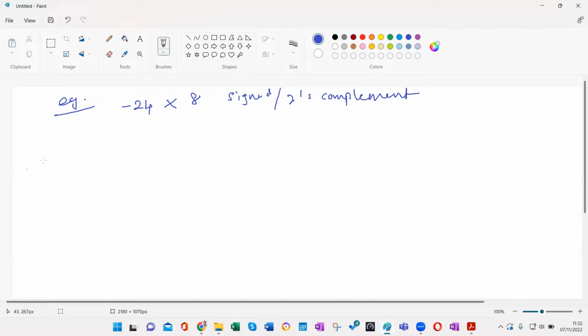Tell me, if you're multiplying, is it a left shift or right shift? If you're multiplying, it's a left shift. So do a bit of analysis like that.